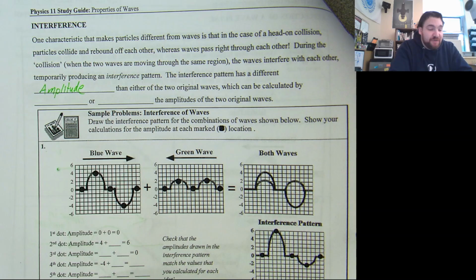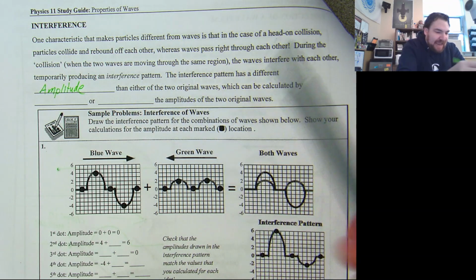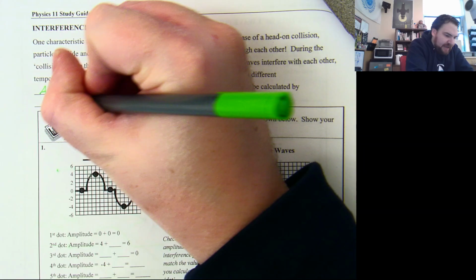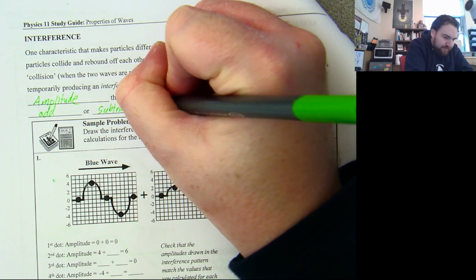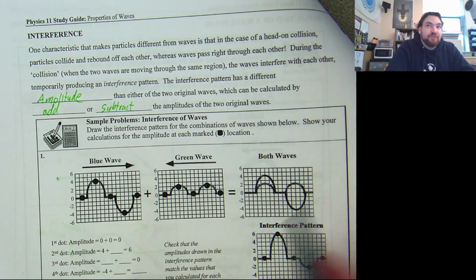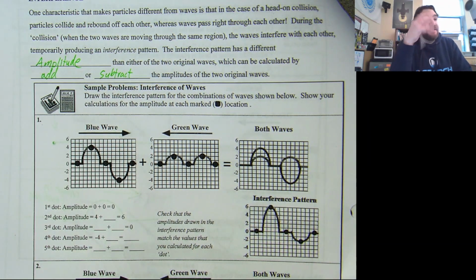And the calculation for this is really easy. All it is, you want to add or subtract the amplitudes of the two original waves. And you get some interesting effects here. Anything that is a wave behaves this way and will interfere.